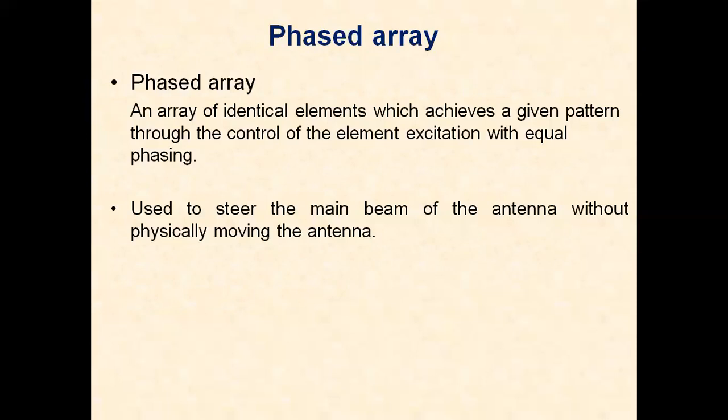The directive gain in a particular direction can be increased by using the phased array. The main important advantage of the phased array is that without moving the physical antenna, we can steer, we can direct the main beam of the antenna to look toward the target.